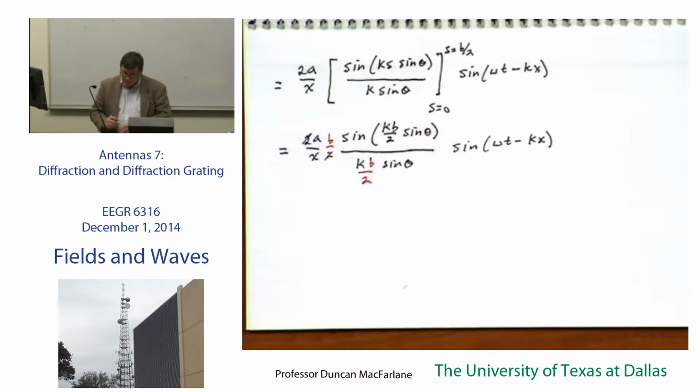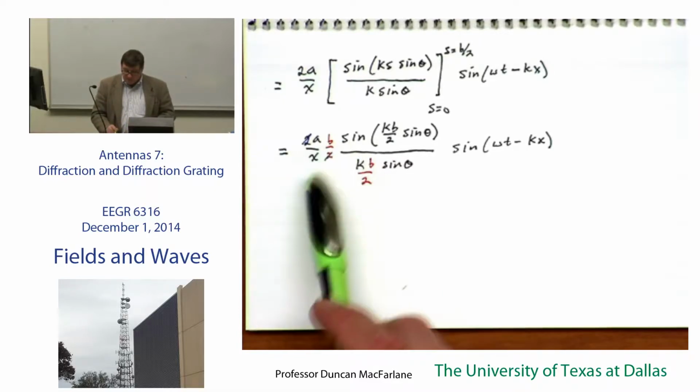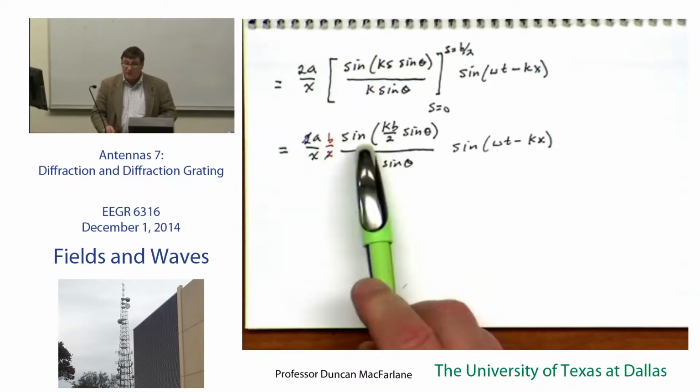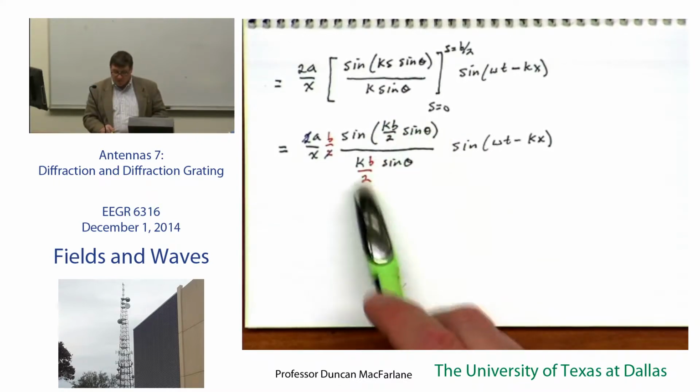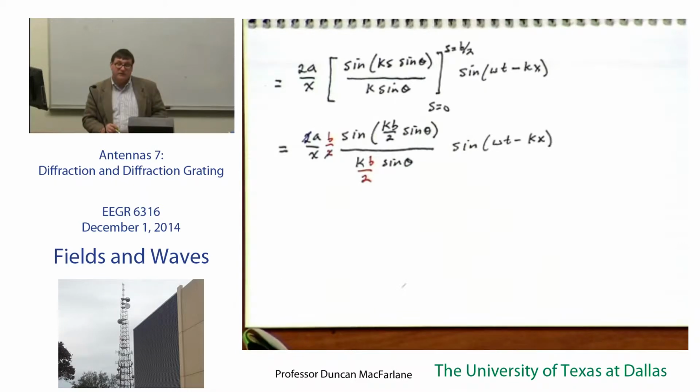That cancels with that. And notice that I have AB over x times the sine of kb over 2 sine theta over kb over 2 sine theta. And then I have my propagation.